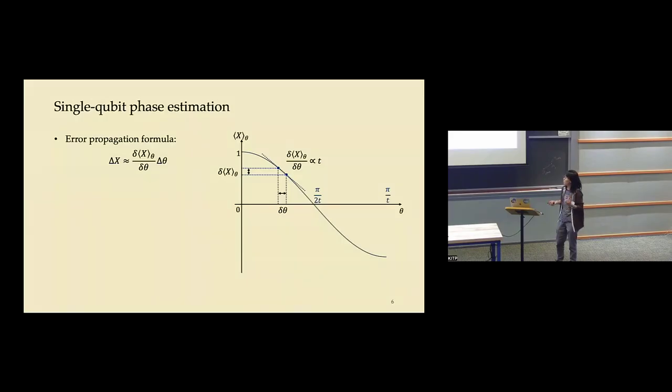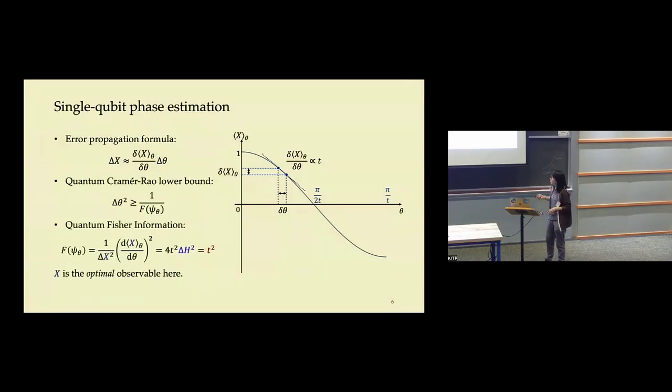So you have this error propagation formula, where the estimation error of theta is determined by the estimation error of X and the derivative between these two quantities. In fact, you can have a rigorous statistical lower bound given by the so-called quantum Cramér-Rao bound. It says the variance of the estimated theta is lower bounded by 1 over F, where F is the quantum Fisher information.